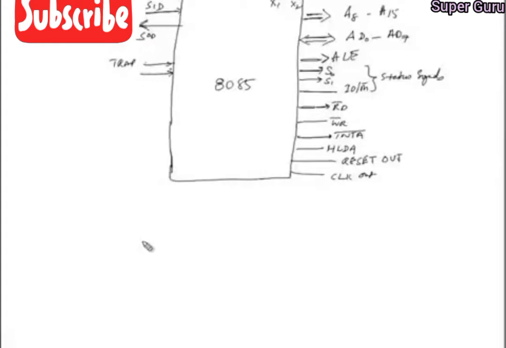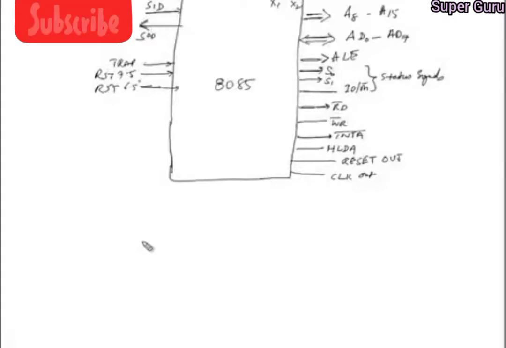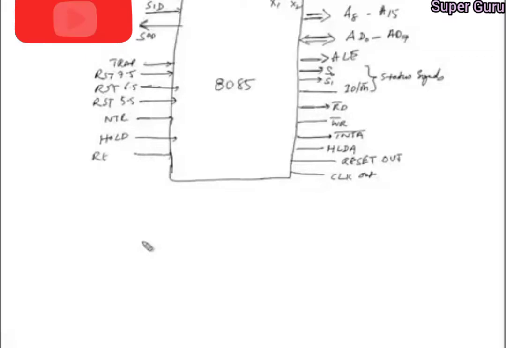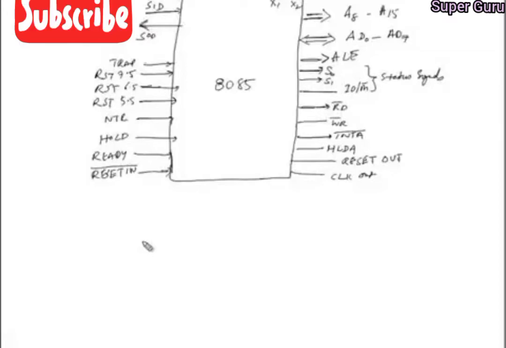Then RST 7.5, then 6.5, then 5.5, then INTR, then hold, then ready, then reset in. So these are the signal descriptions of 8085.